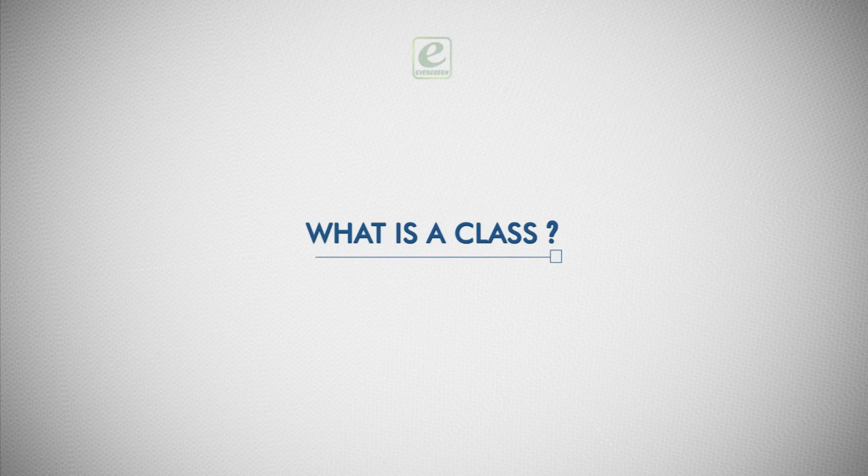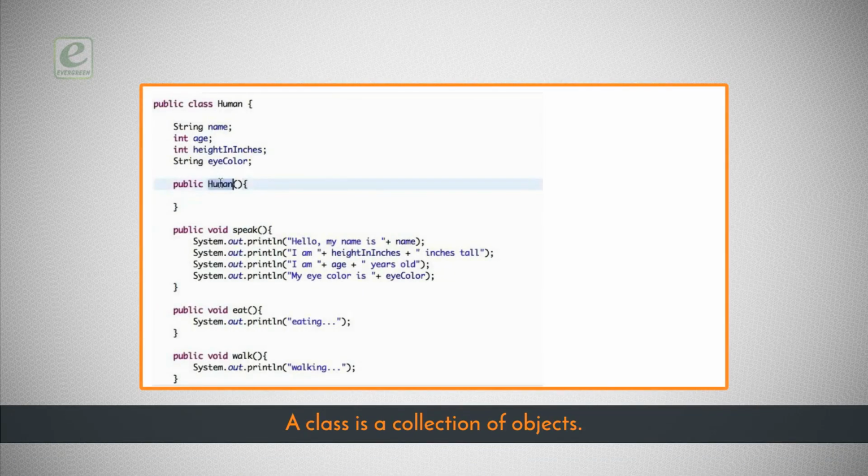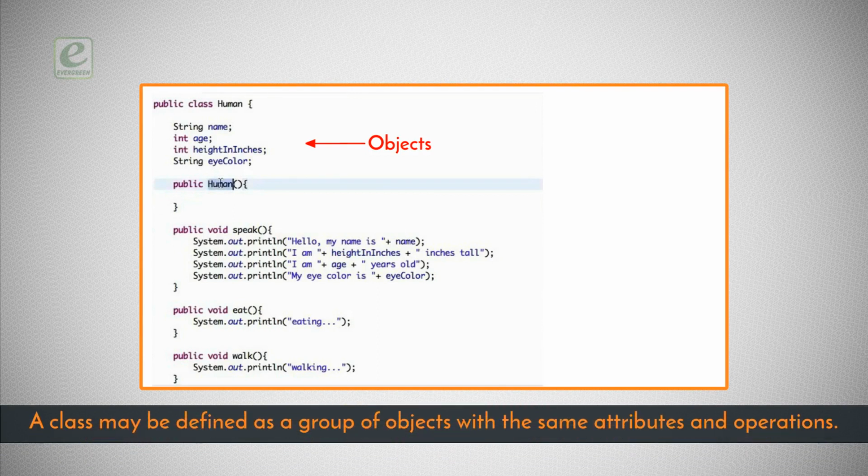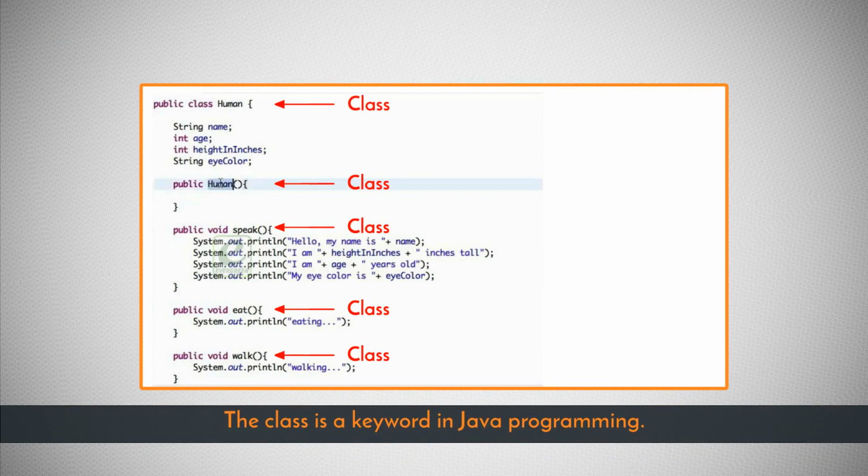What is a class? A class is a collection of objects. A class may be defined as a group of objects with the same attributes and operations. The class is a keyword in Java programming.